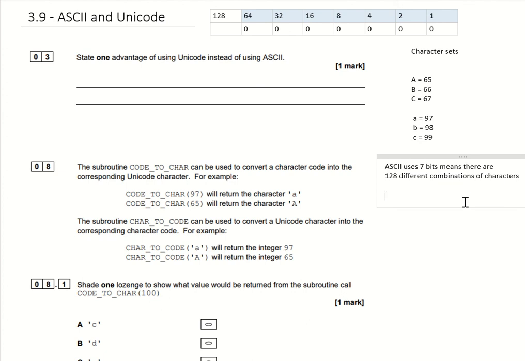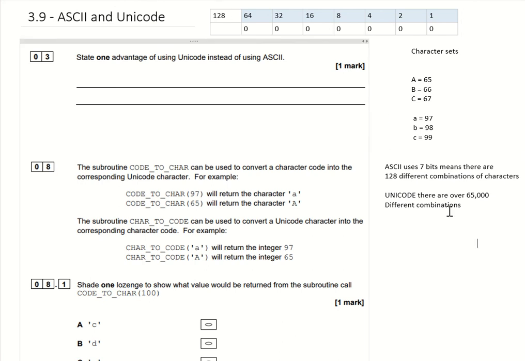You don't need to know the ins and outs, but in Unicode, there are over 65,000 different combinations that can be used. So you can make use of way more characters and symbols, which generally means it covers multiple languages. There are loads and loads of languages that you can use. So you'll probably find the British UK symbols will be in there.